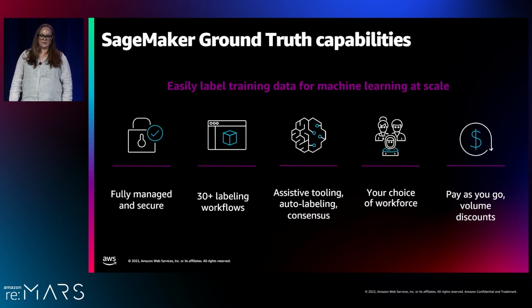And the service also includes many machine learning driven features like assistive labeling, auto labeling, and annotation consolidation. You can use a range of workforce options to meet your business needs. And finally, you pay as you go with pricing per object. Essentially, this is a start to finish data labeling service that removes the undifferentiated heavy lifting of the training data process and lets machine learning scientists focus on what they do best.